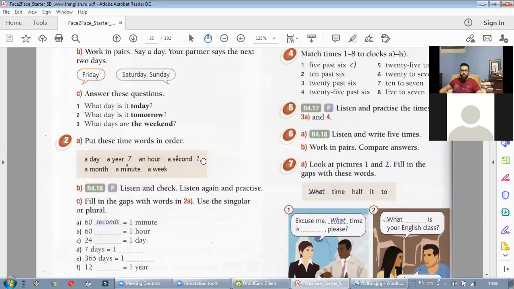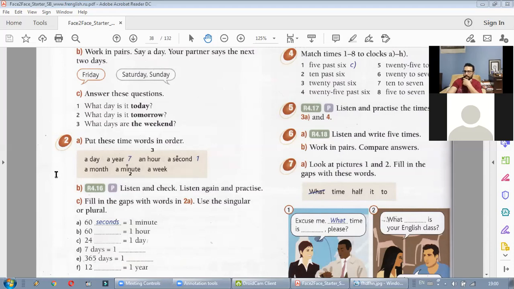What about number 2? What's longer than a second? A minute. Okay, so we have a minute. Okay, what's next? What's longer than a minute? An hour. Right, an hour is longer than a minute. What's longer than an hour?